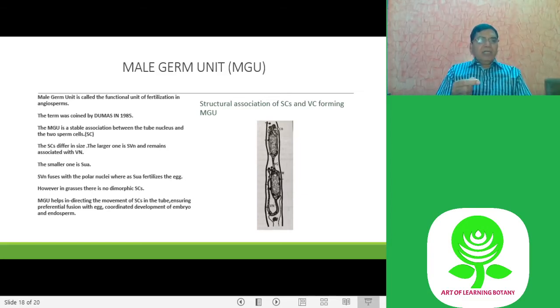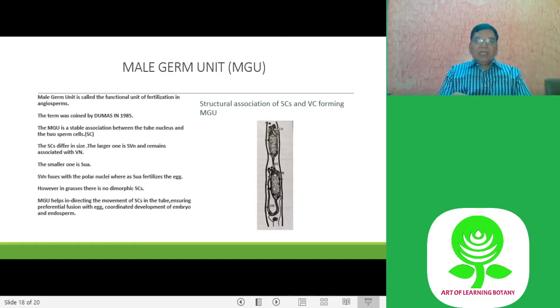The first one, SVN, fertilizes or unites with the polar nucleus, whereas the SWA fertilizes the egg, the female gamete, right? Due to this complex formation, their movement and fertilization are coordinated, and they direct the fertilization process.